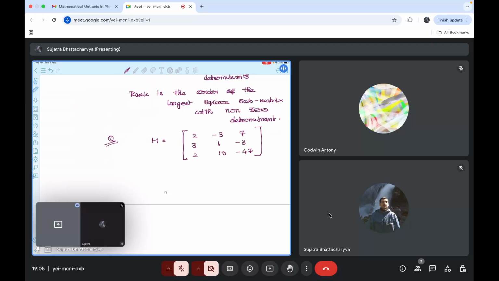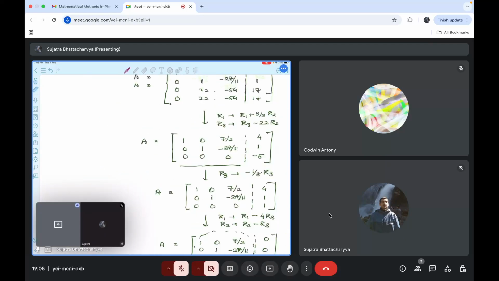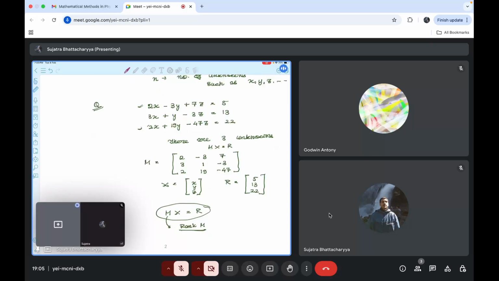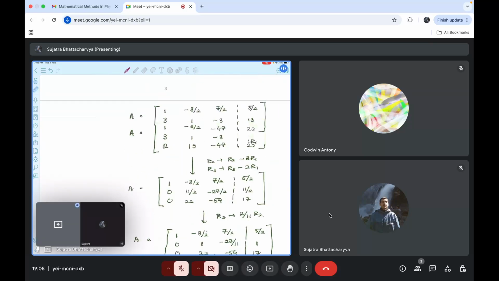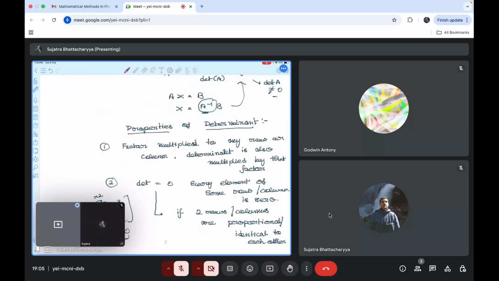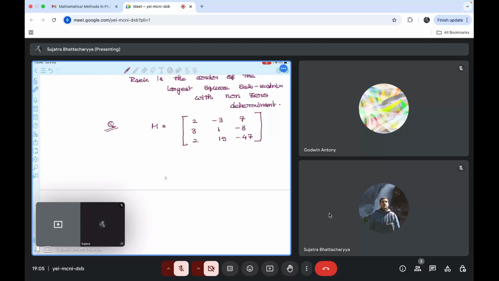I think I have used it in one of the row reduction techniques. Yes, remember, I have used it here. See, this is the matrix. So we know the rank of the matrix, right? How much is the rank of the matrix? 2.